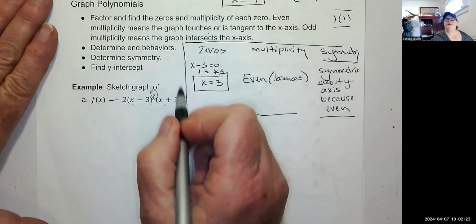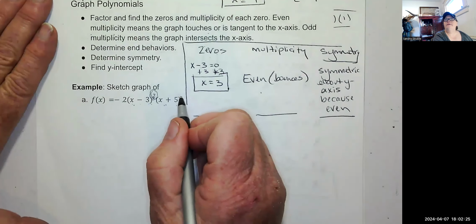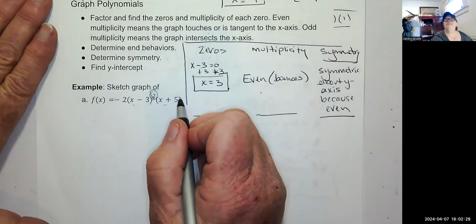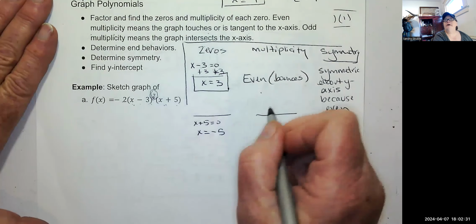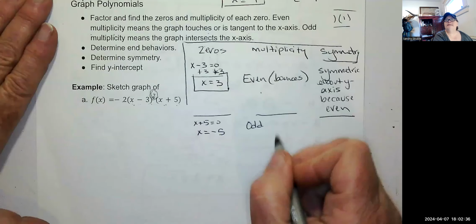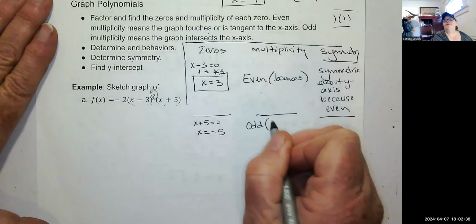All right. Here's the gig. This is odd because the degree is odd. The multiplicity is odd, and therefore it intersects the x-axis.